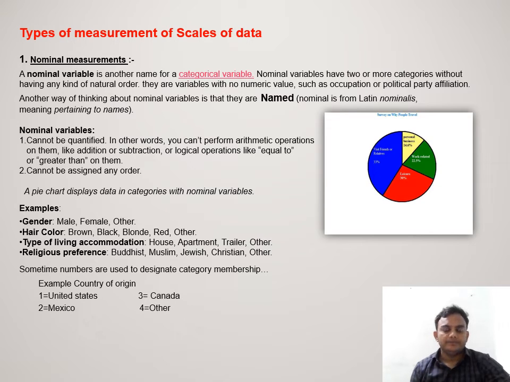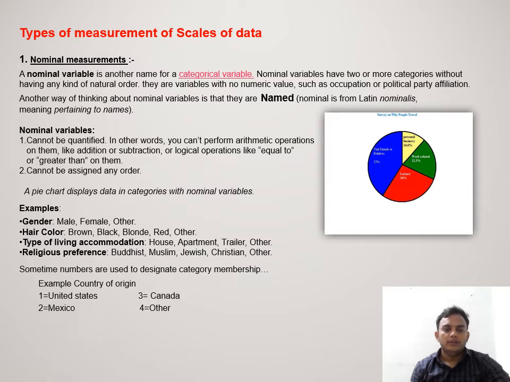For example, gender, hair color, type of living accommodation like house, apartment, trailer, others, religious preferences like Buddhist, Muslim. So these are some examples of nominal variables. Here also, sometimes numbers are used to designate category membership.